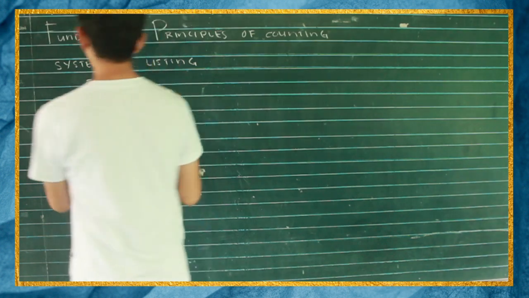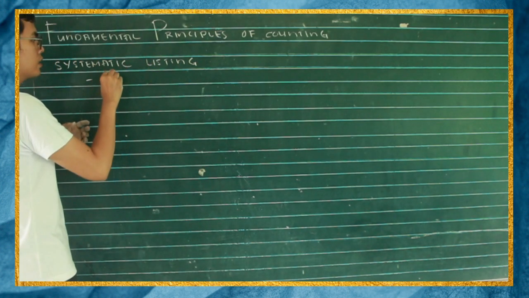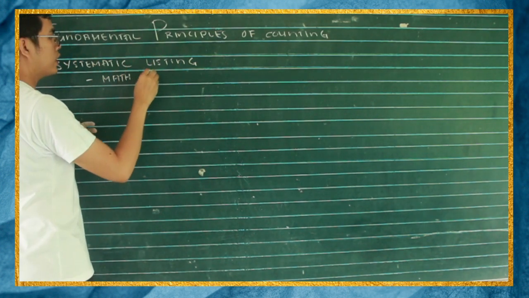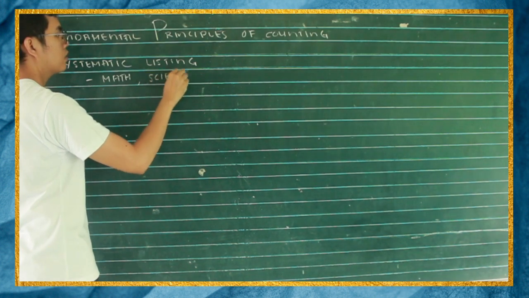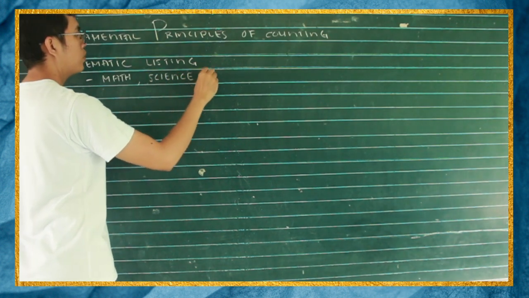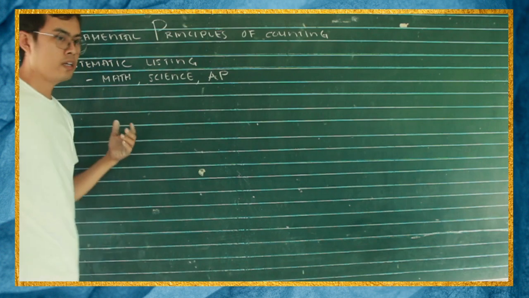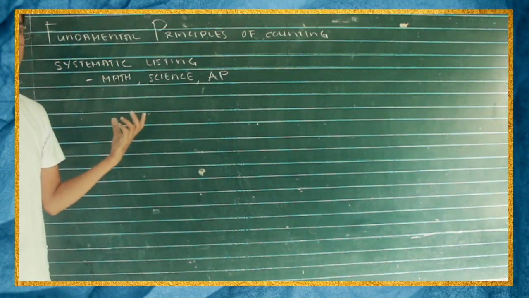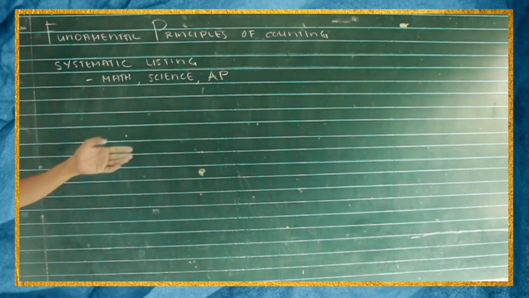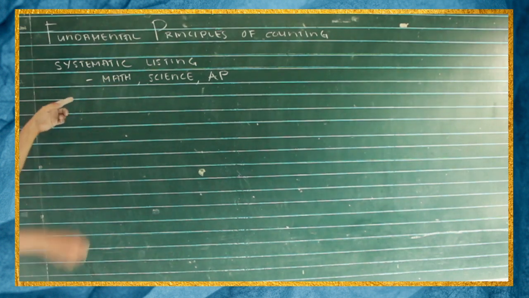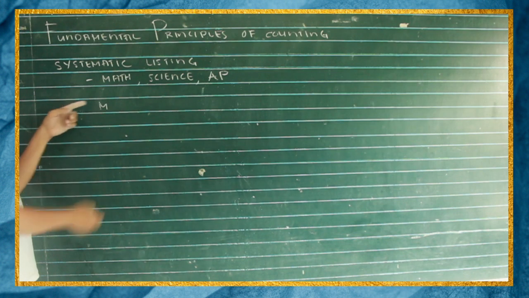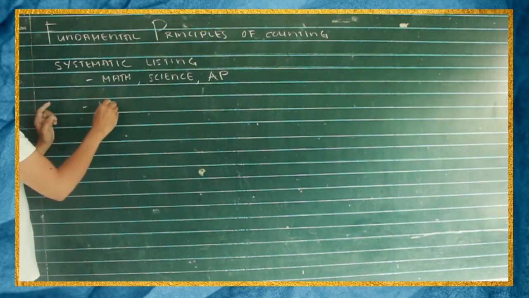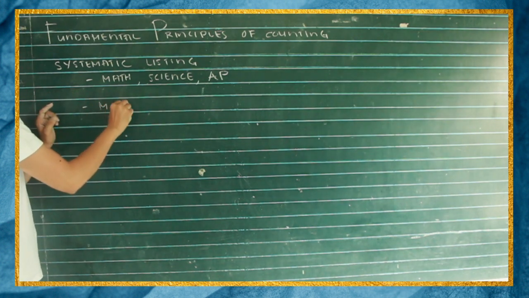You have a book in math, a book in science, and a book in AP. In how many ways can you arrange these three books? By systematic listing, you can start with, for example, math, science, then AP.